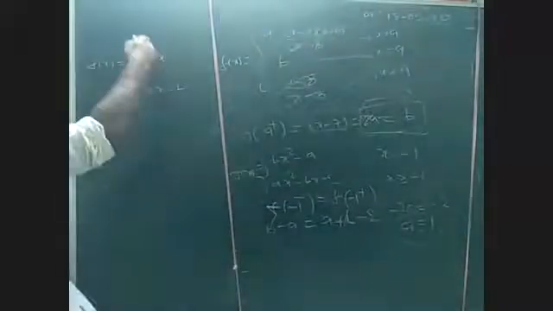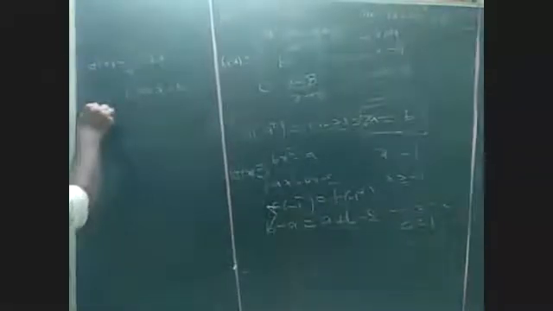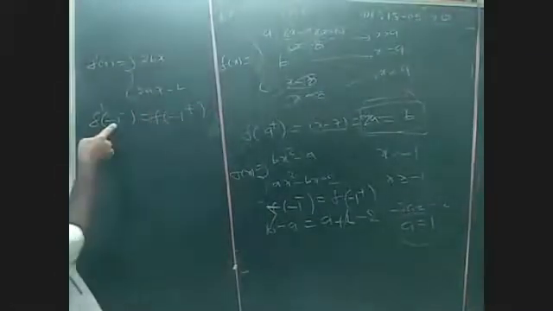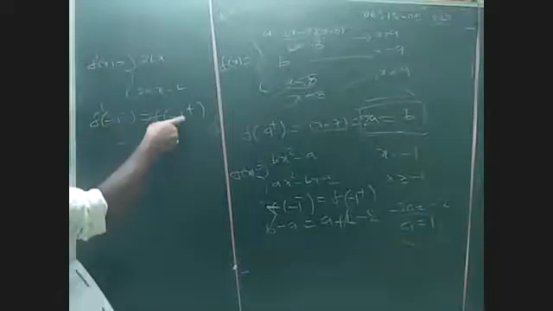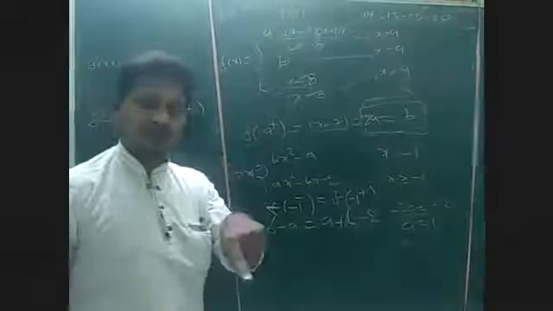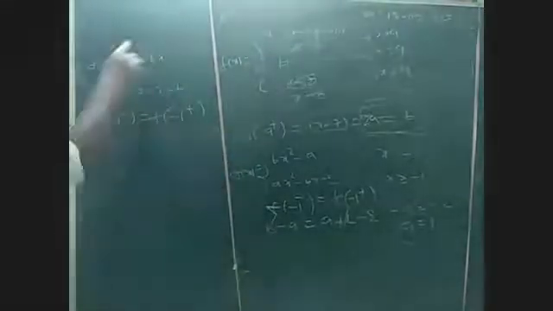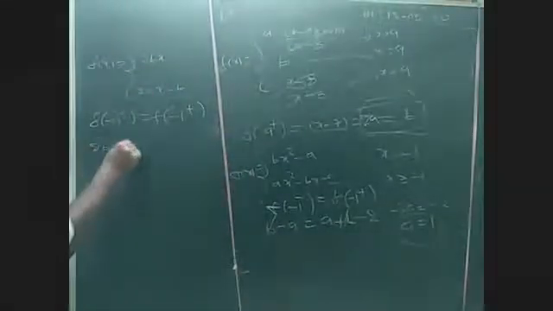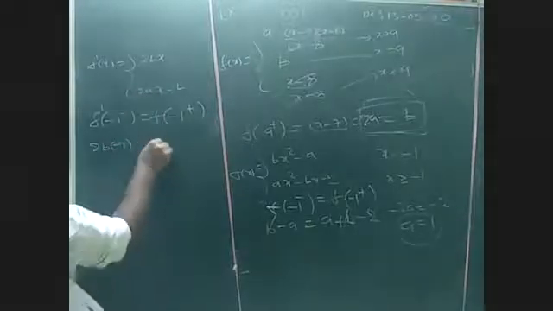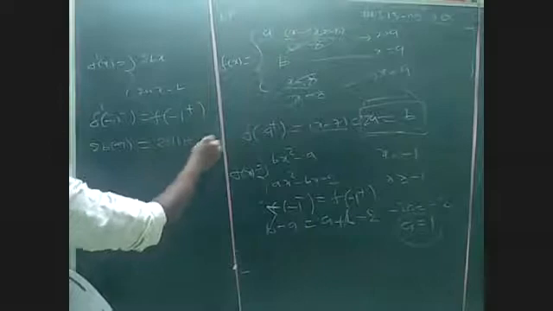The a value we already got is 1. So now we can equate. Substitute minus 1 again. So f dash of minus 1 minus is equal to f dash of minus 1 plus. Means the left hand limit at minus 1 should be equal to the right hand limit at minus 1, because f dash of x is continuous everywhere. So now substitute minus 1: 2b into minus 1 should be equal to 2 into a, which is 1, into minus 1 minus b.